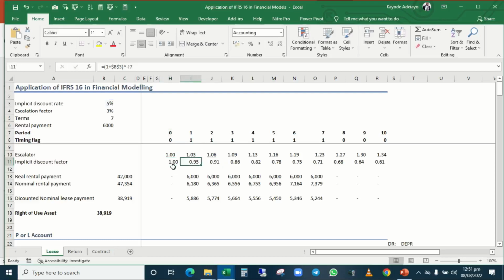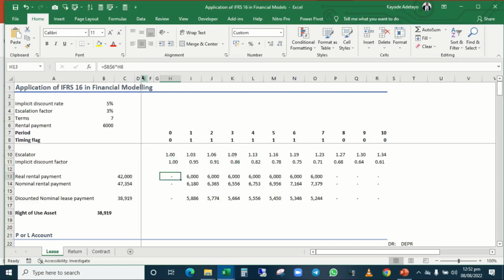And you can see as you move into the years, the value of money decreases to 95, to 91, 86, like that. So the farther you are, the lesser the value of money in today's time, in year 0, which is 1, declines. So that's the discount factor.